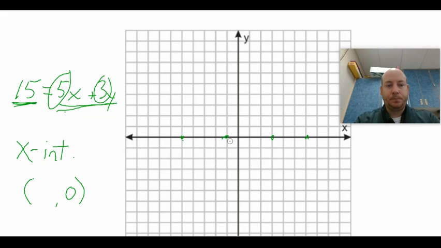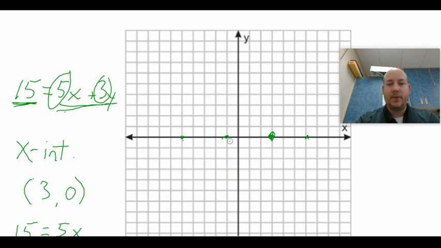Especially because 5 and 3 are factors of 15, it makes it quick mental math. If my y value is 0, 3 times 0 is 0. So basically, I'm just trying to figure out 15 equals 5x. Mental math-wise, 5 times 3 gives me 15. So in this case, my x-intercept is 3. 5 times 3 is 15. My x-intercept is at 3: 1, 2, 3. There's my x-intercept.